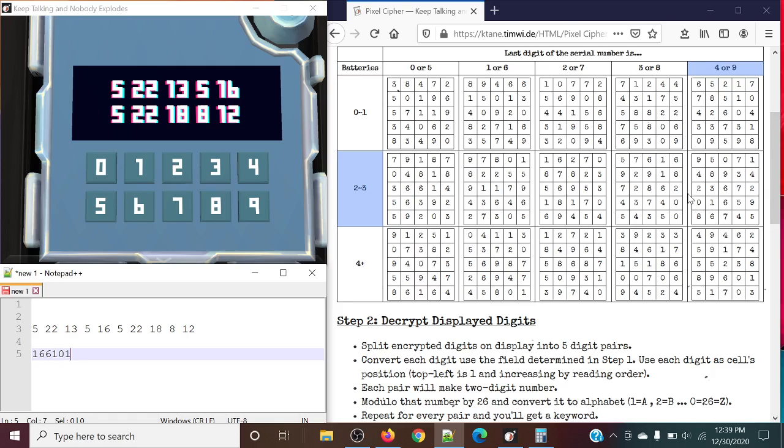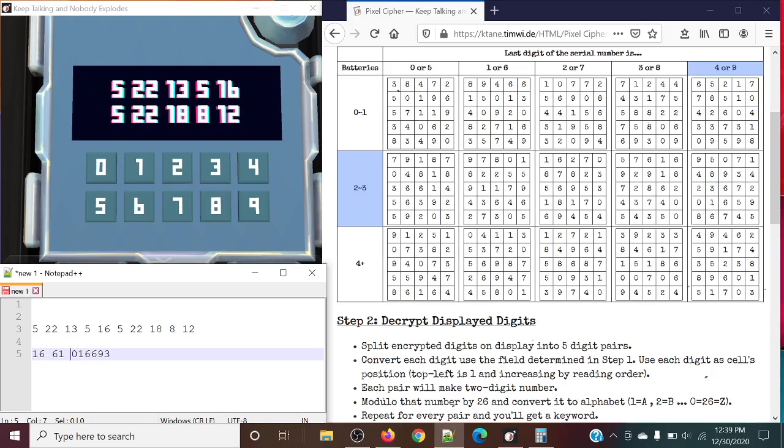Another 5 is a 1. 22 is a 6, as we predetermined. 18 is 5, 10, 15, 16, 17, 18 is a 6. 8 is 5, 6, 7, 8 is a 9. And 12, 5, 10, 11, 12 is a 3.